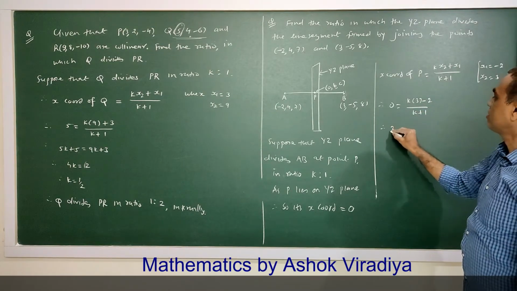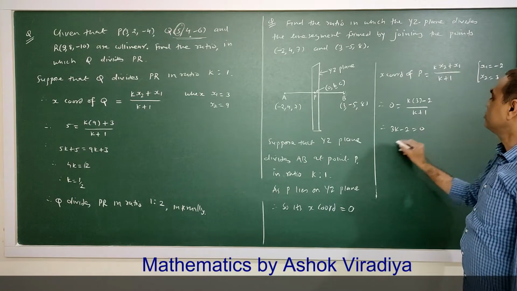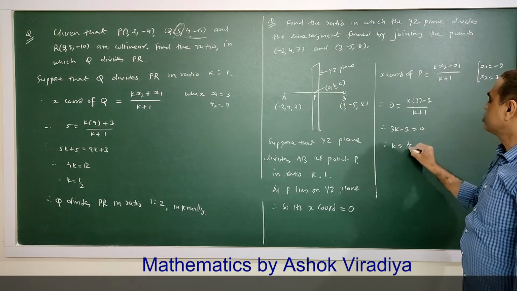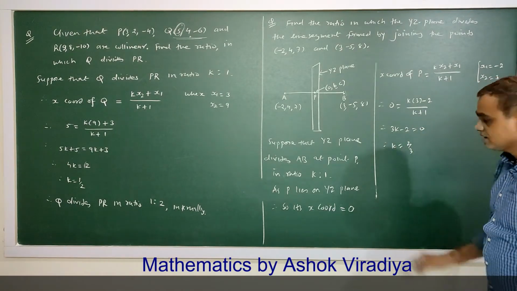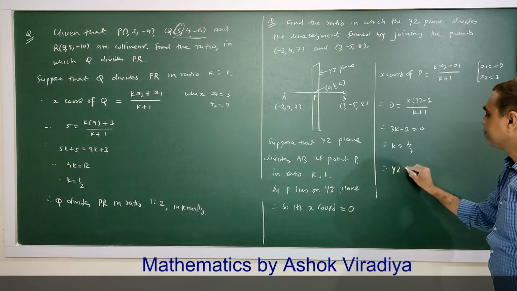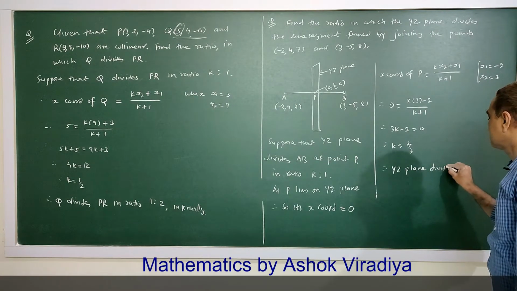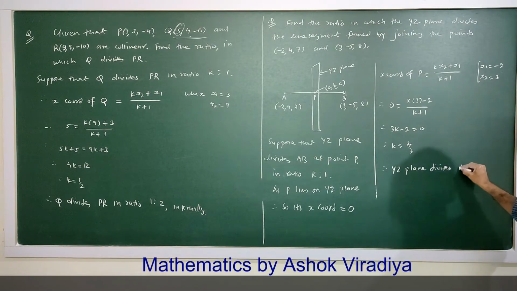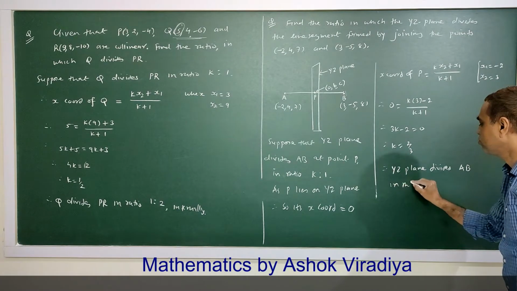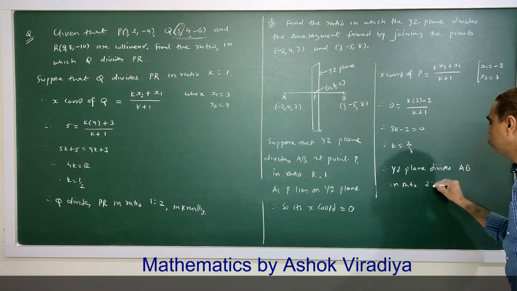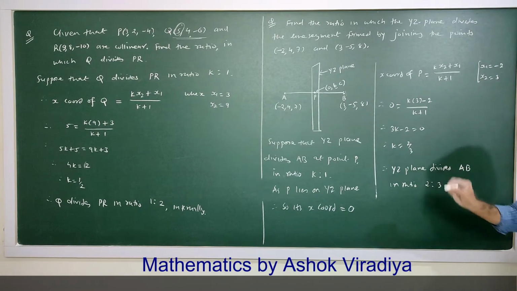So therefore 3k minus 2 is 0. So k is 2/3. Therefore YZ plane divides line segment AB in ratio 2:3.